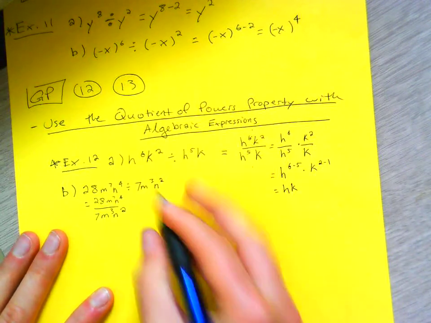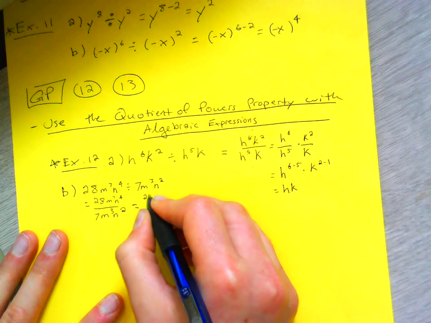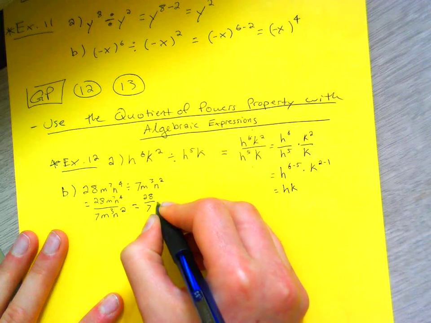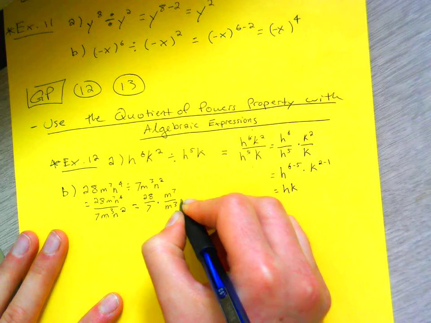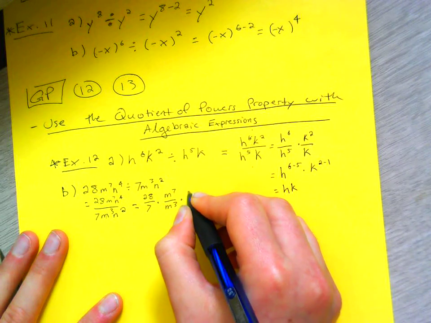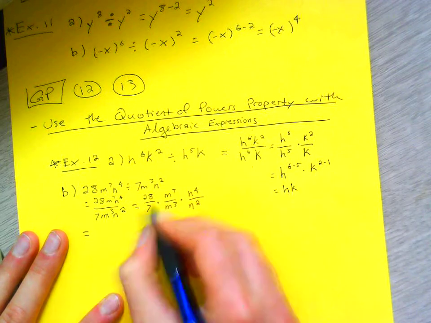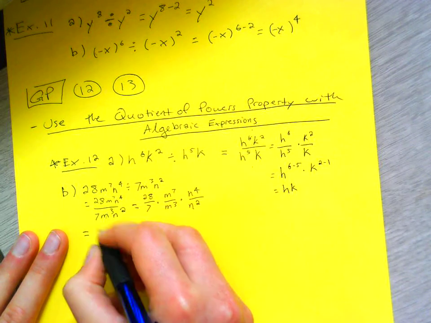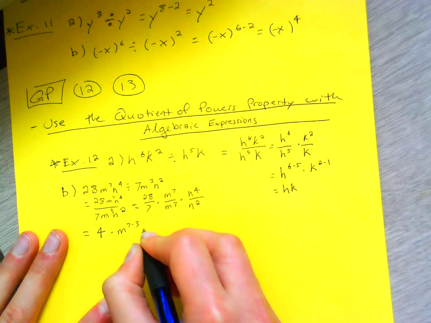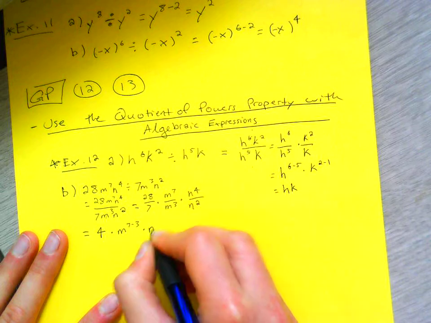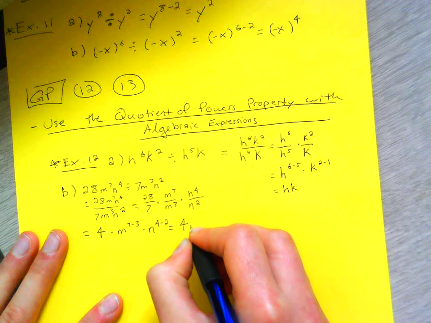Let's separate this out into our numbers and our variables: 28 over 7, m^7 over m^3, n^4 over n^2. 28 divided by 7 is 4, times m^(7 minus 3) times n^(4 minus 2). This gives us in total 4 m^4 n^2.